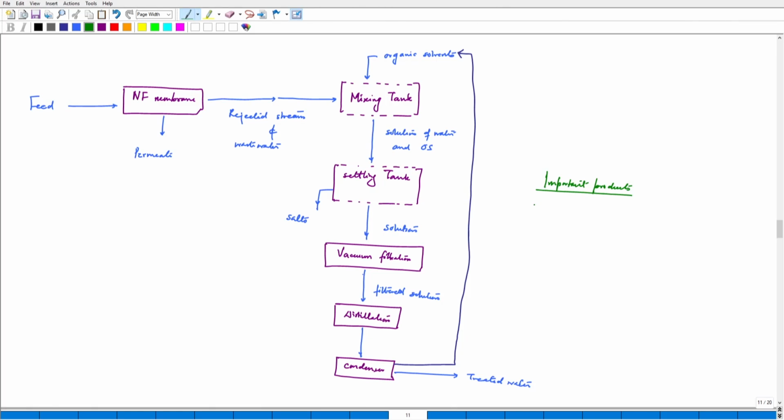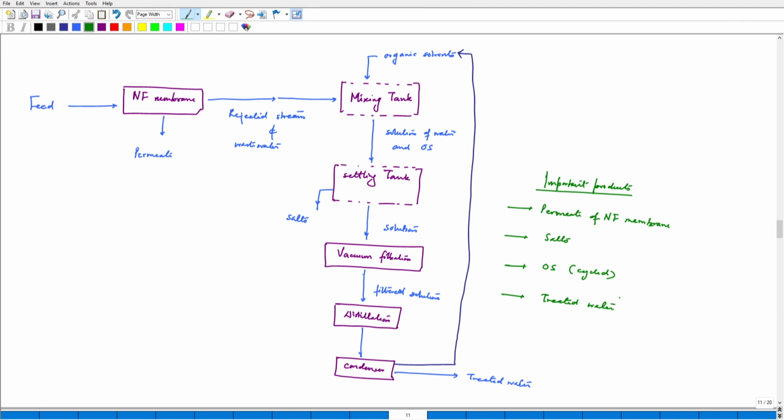First is basically the permeate of the NF membrane, nanofiltration membrane. The second one is the salts that are generated in the settling tank. The third one is the organic solvents. So these are basically cycled, and the treated water, which is what we really wanted.